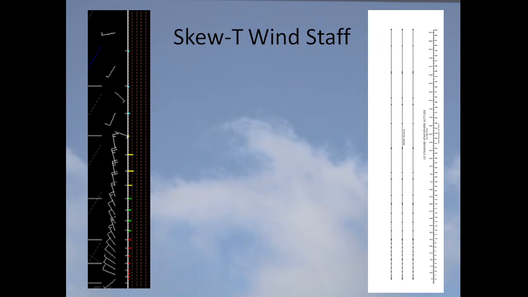But you can see that these winds are veering and increasing with speed as you go up. No significant changes here to determine any significant turbulence or anything, just looking at that chart.